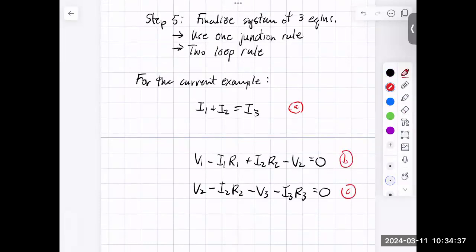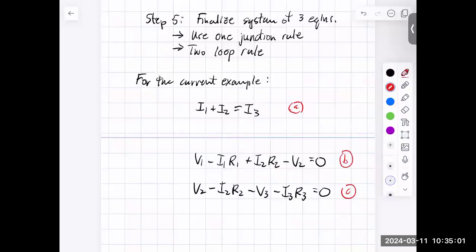Okay, so there's our system of three equations. They involve our three unknowns, I1, I2, and I3. Those currents are featured in all three of the equations. We don't need all three currents in all three equations, but all three currents must appear somewhere in this system of three equations.